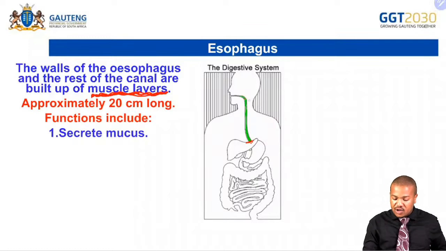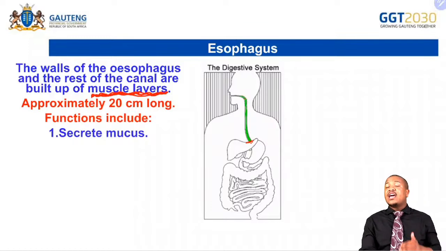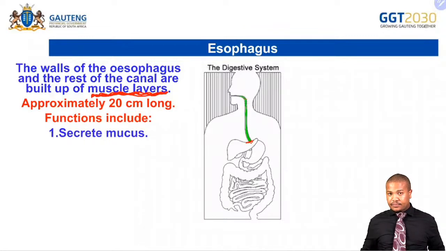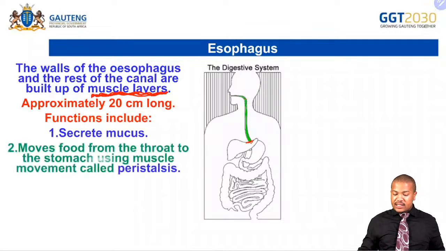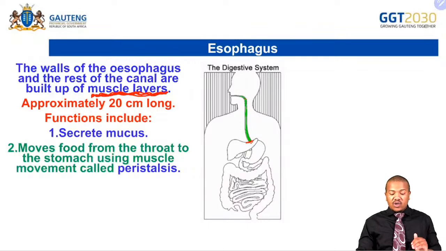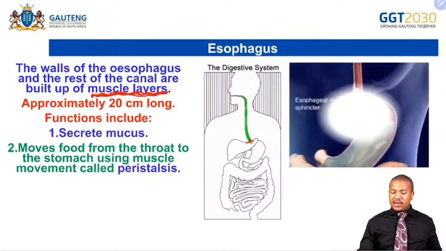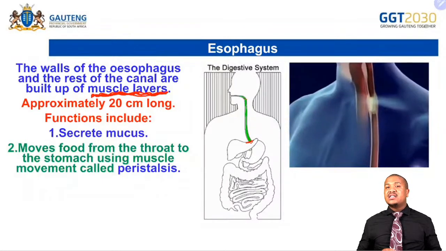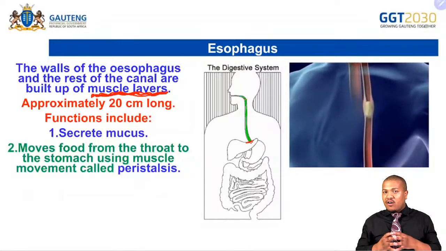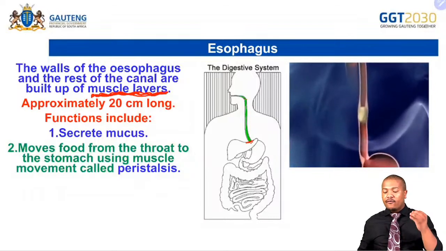To make the food go down easily and to trap foreign particles such as dust particles from entering what? Your tract, right? It secretes mucus and it moves food from the throat to the stomach using muscle movement called peristalsis, right? This peristalsis is wave-like contractions of muscles to help to move the food down.